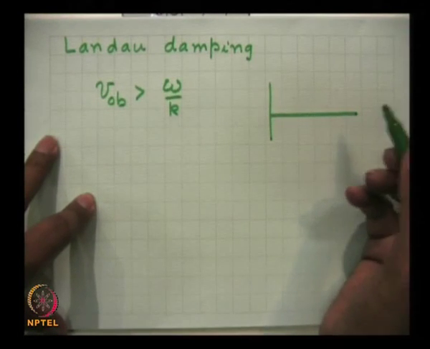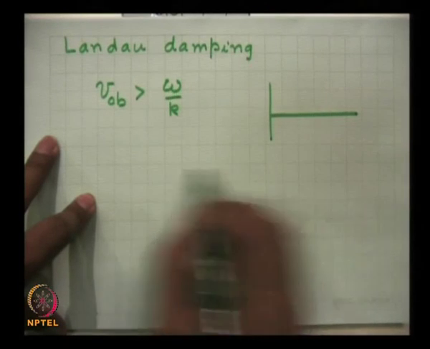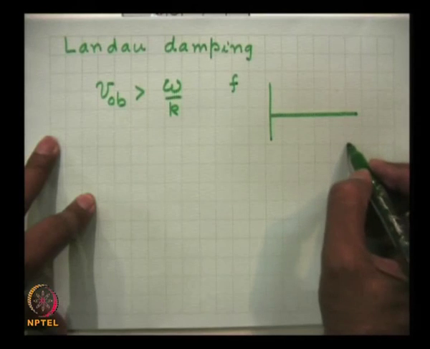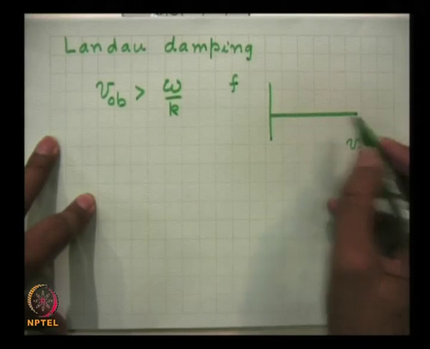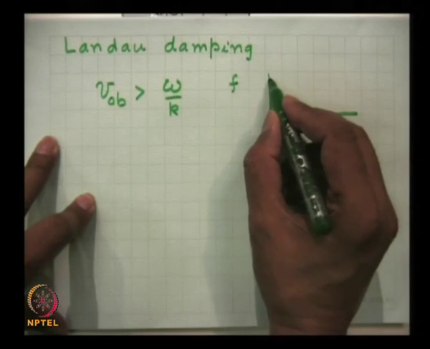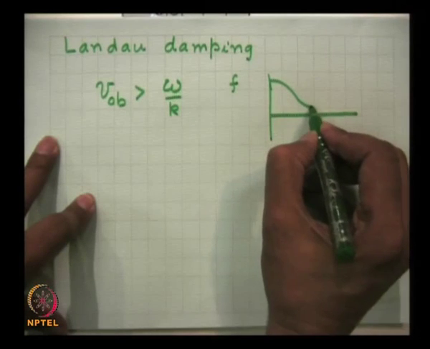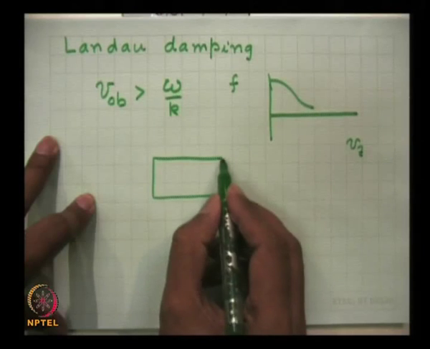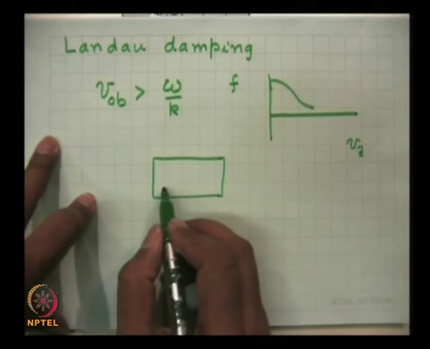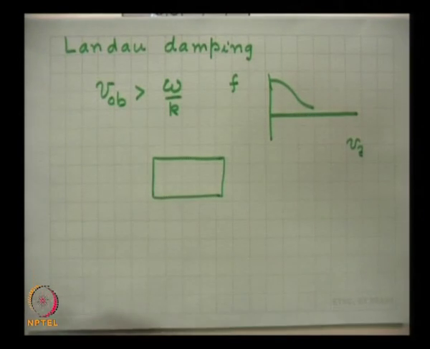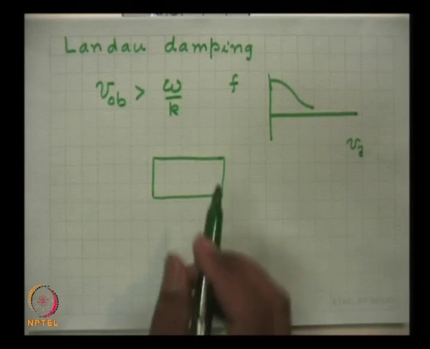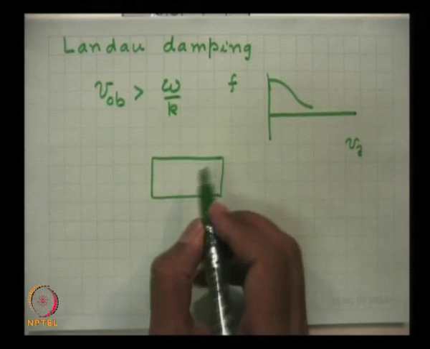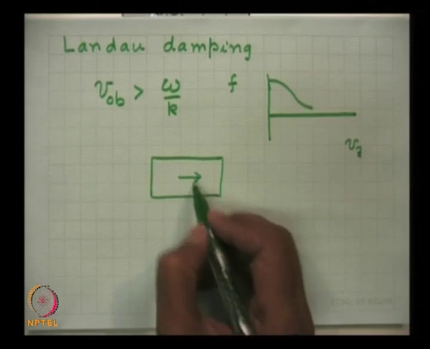Suppose there is a plasma field somewhere, and I plot the distribution function as a function of Vz. The distribution function for a Maxwellian plasma is of this form. So, there is a plasma here which has electrons of very different thermal velocities, moving all around. Some of the electrons will be moving in the direction of the wave. I am considering the propagation of the wave in the z direction.